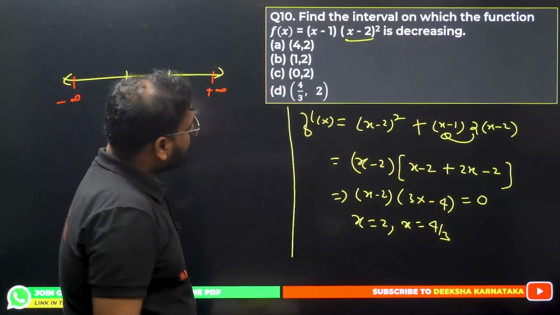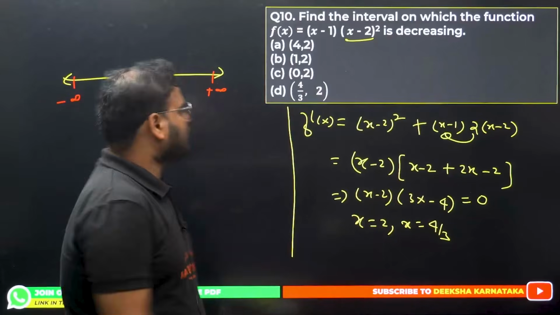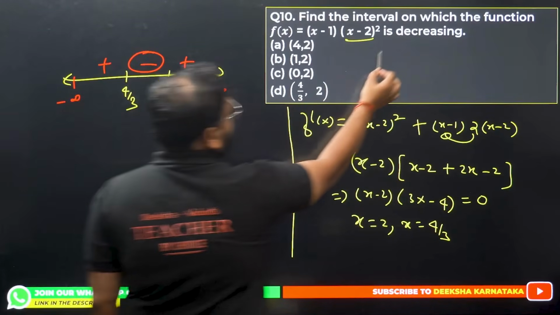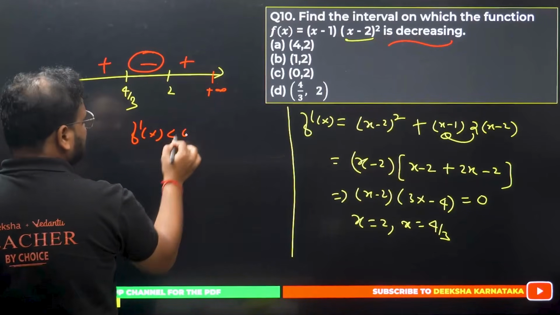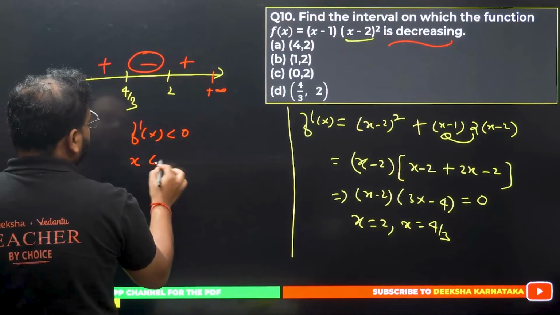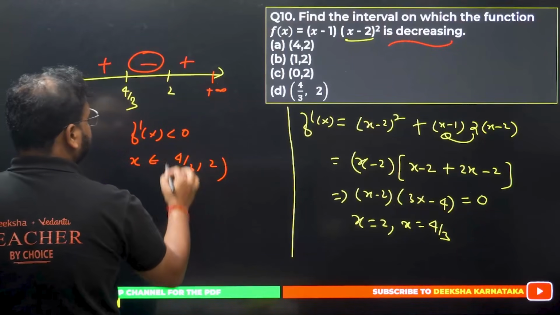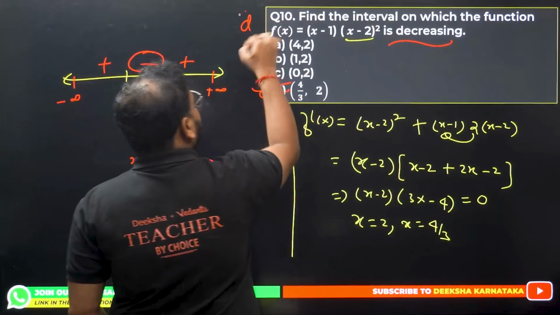Start from here. Both sides x coefficient is positive only, right? 3x and x. So plus, minus and plus. We are looking for decreasing, meaning negative. So in this case we have f dash of x less than 0 only when x belongs to 4 by 3 to 2. Option D is correct.